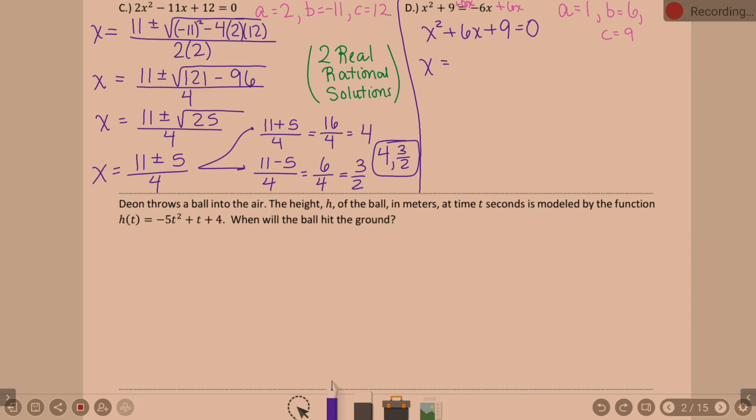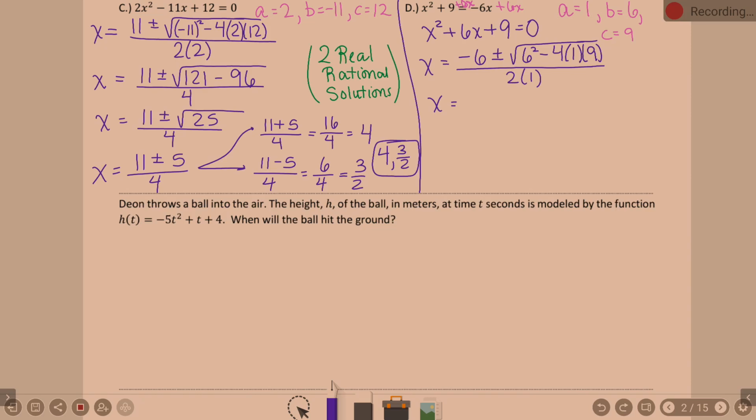Negative B plus or minus the square root of B squared minus 4 times A times C, all over 2A. So if you're matching with me, it's negative 6 plus or minus the square root of 6 squared minus 4 times 1 times 9 all over 2 times 1.